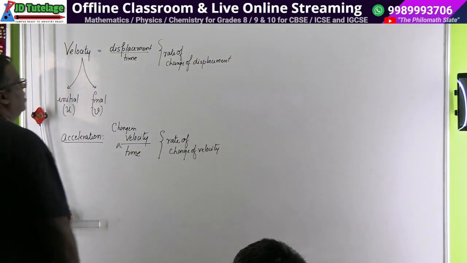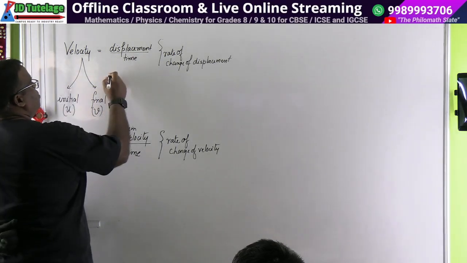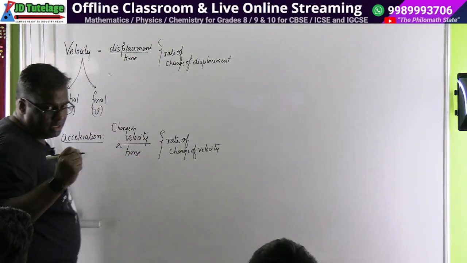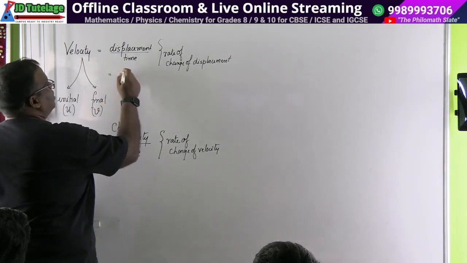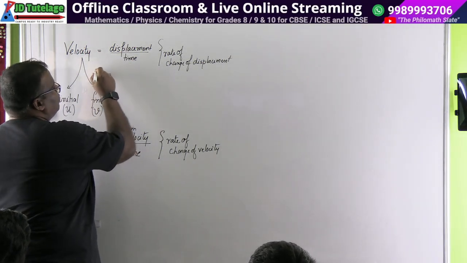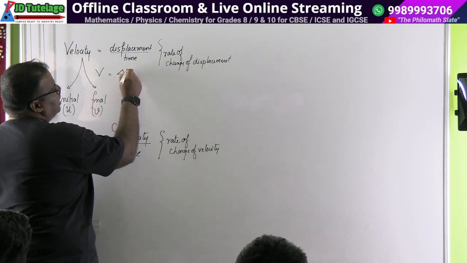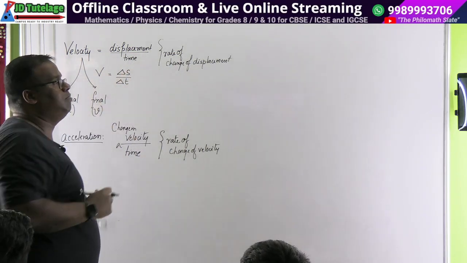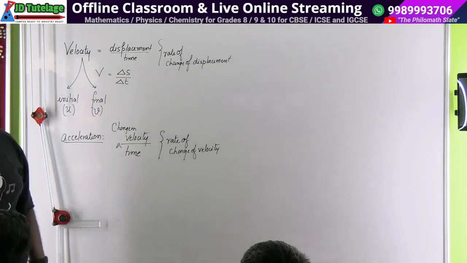Now, I told you there is a word called delta. Delta means change, the difference value. So velocity will be written as delta s over delta t. In delta t time, how much distance did I cover? Take displacement.